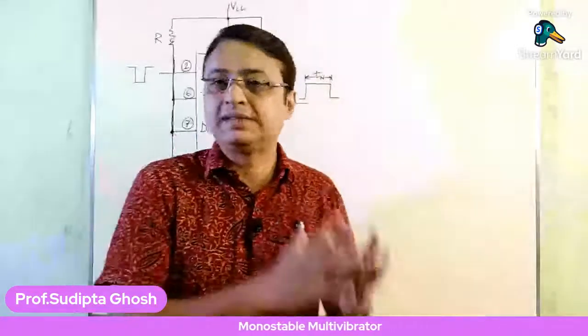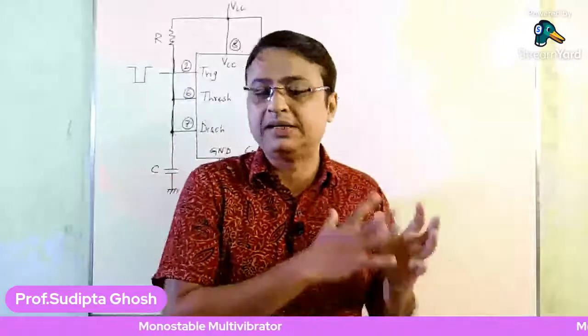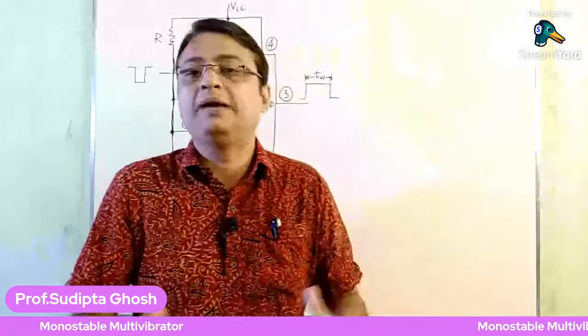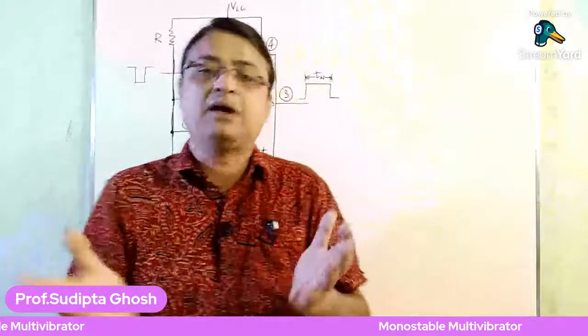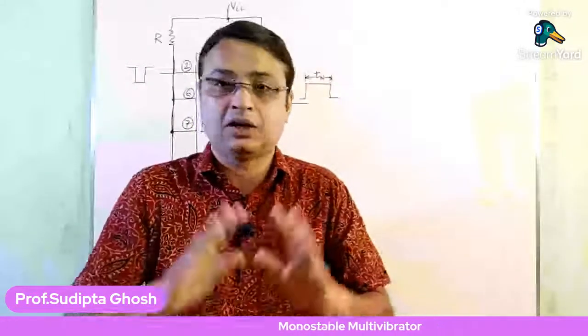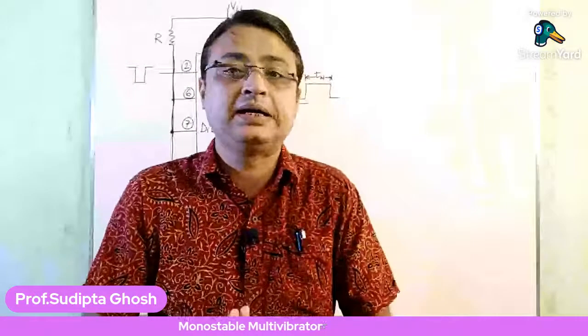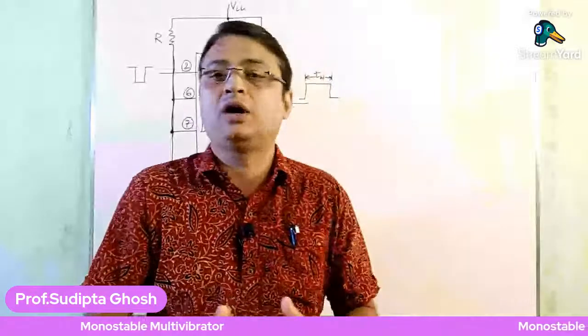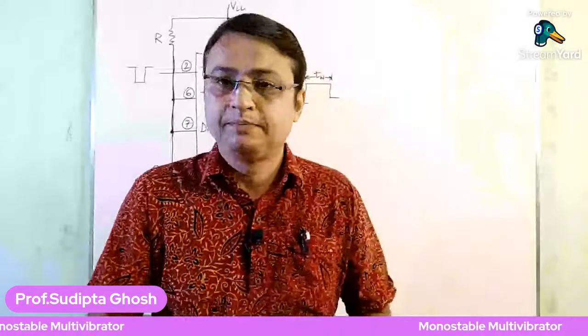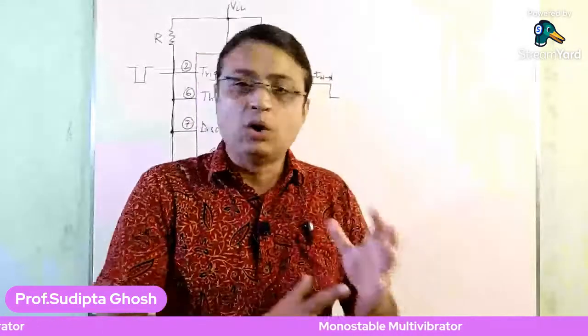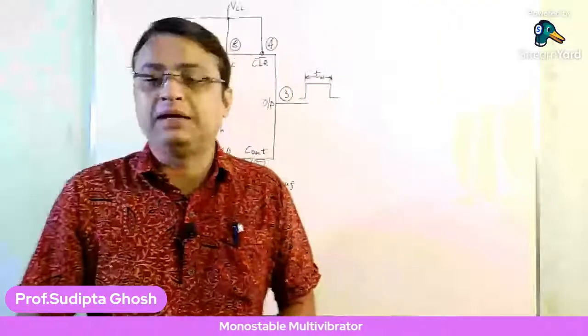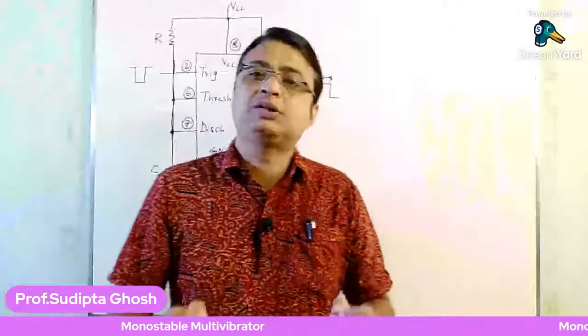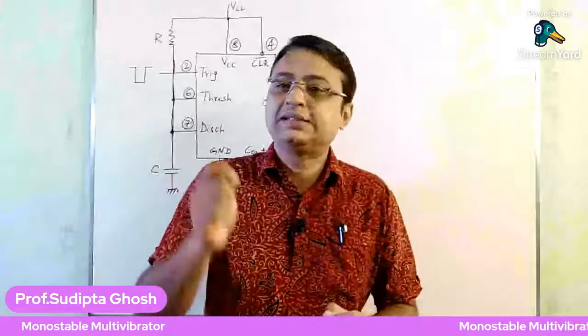In our previous lecture, we already came across the operation and the internal structure of a 555 timer. Now, going back to the monostable multivibrator topic, a monostable multivibrator has a stable state.